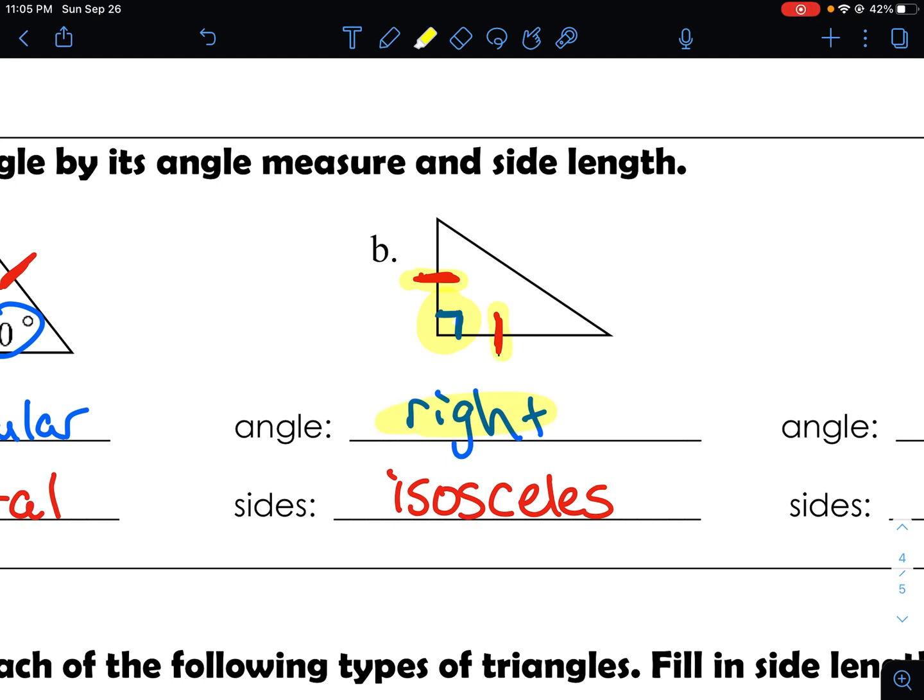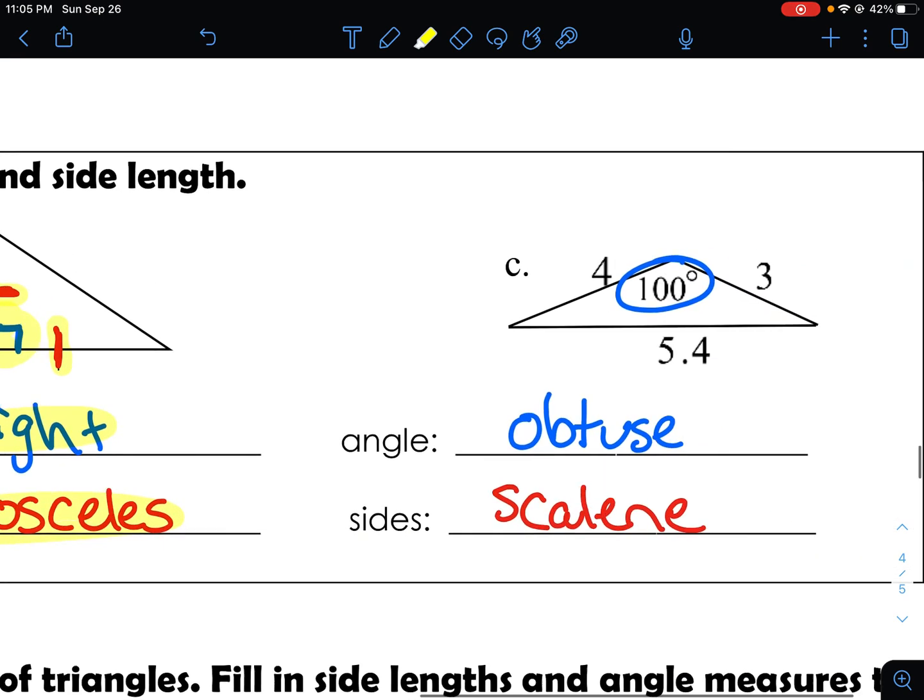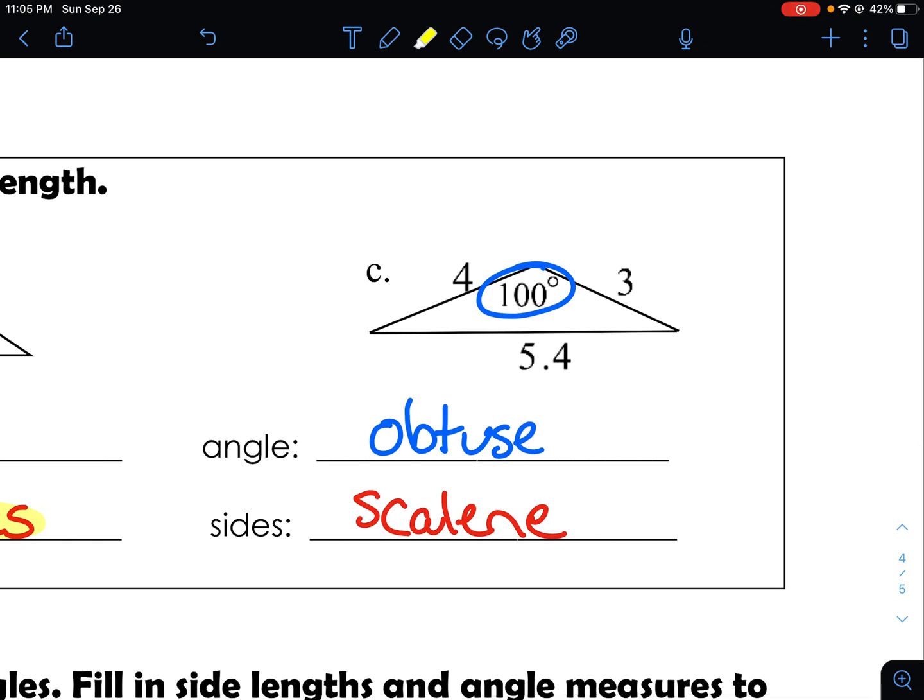So because we have a 90-degree angle, this is a right triangle, and it's isosceles because two sides are the same. Lastly, when we look at here, we see we have a 100-degree angle, which makes this obtuse. And then when I look at the three sides, none of them are the same. That's the definition of a scalene triangle. So this last example here is an obtuse scalene triangle.